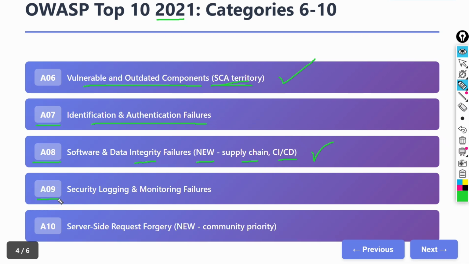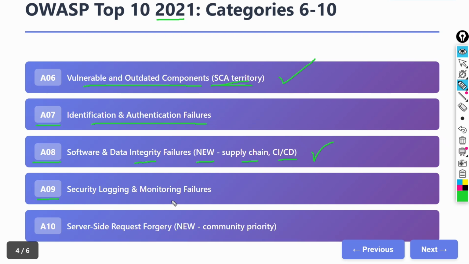And moving to the next category, which is A09, security logging and monitoring failures. Here, if you don't log your events properly or monitor the events or servers, whatever attacks happen may go unnoticed.